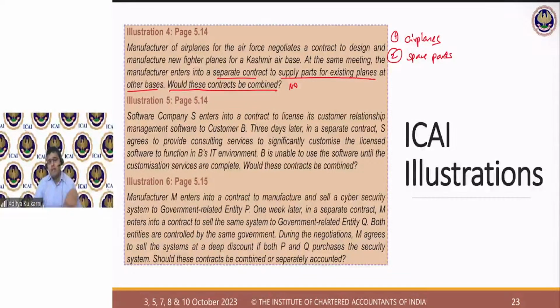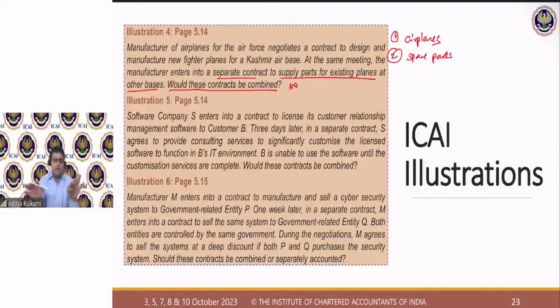So now in all these cases, these are all negotiated and entered into as a single contract. So this is a single contract. It's not multiple contracts combined. It is a single contract, but with multiple performance obligations. The maintenance services that you are providing is not in any way related to the purchase of the flat.